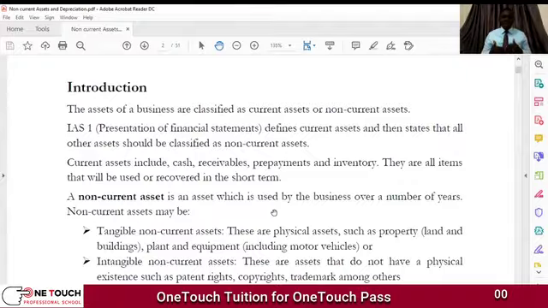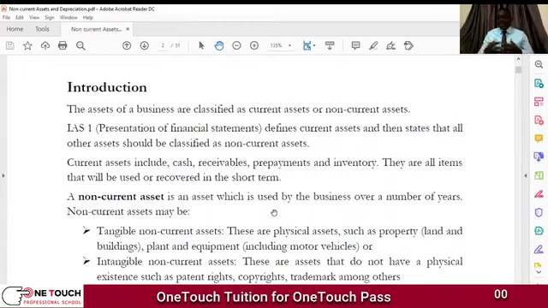So let's take, for example, cash. Cash is a liquid resource which is available to the business for use within the shortest possible time. Receivables, for example, represent the value of those customers that you sold goods to for which they were not able to make immediate payment.